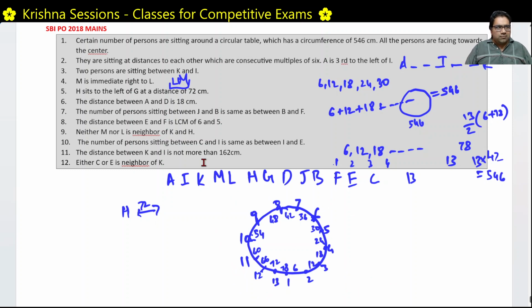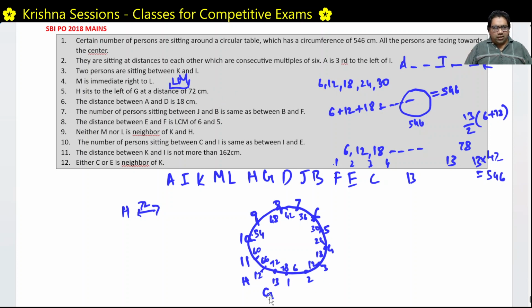So with this idea, as per condition number 5, 13 becomes G, and this becomes H because there is no other slot possible for H and G. Very good. The distance between A and D is 18 centimeters. What does that mean?